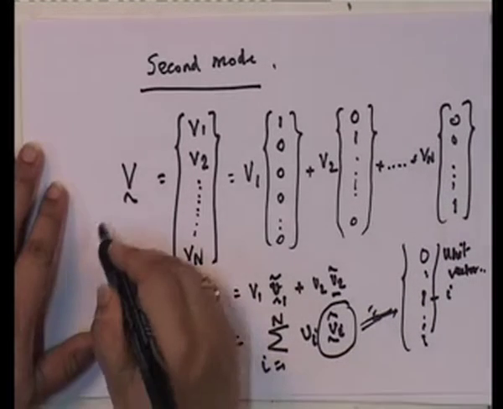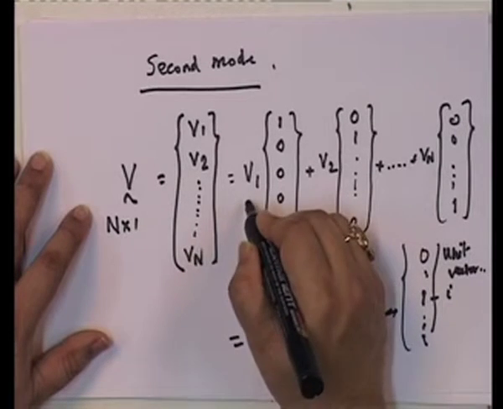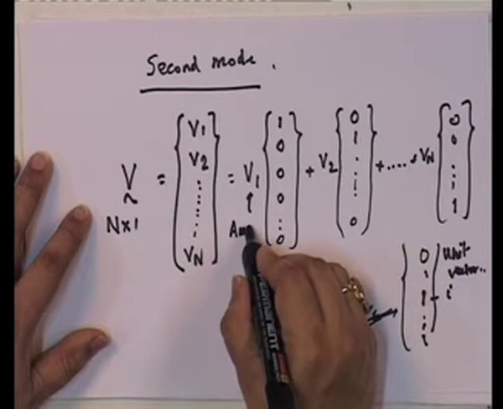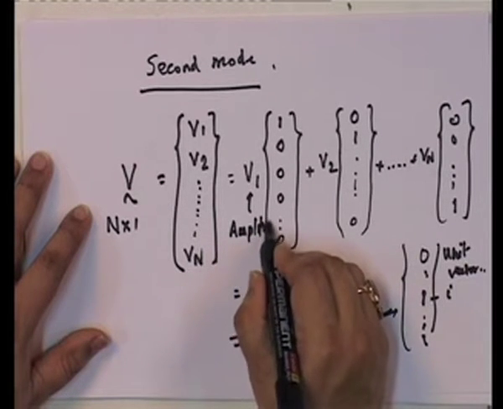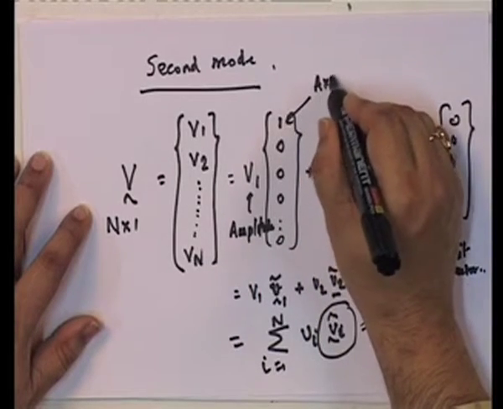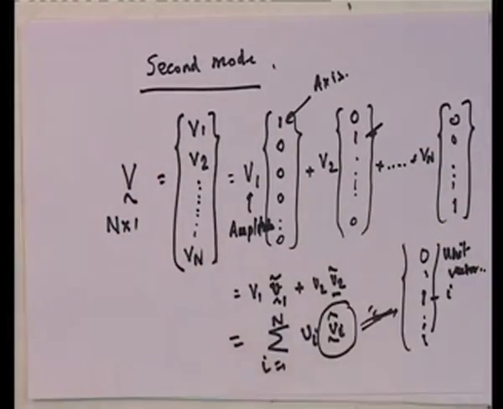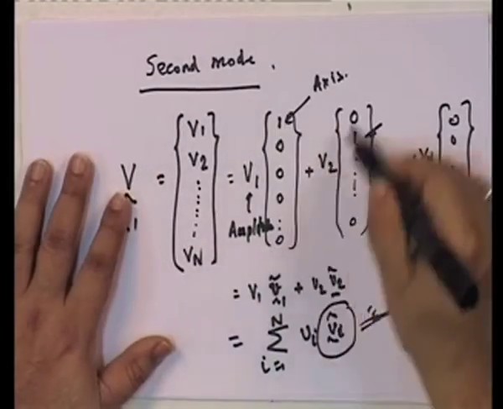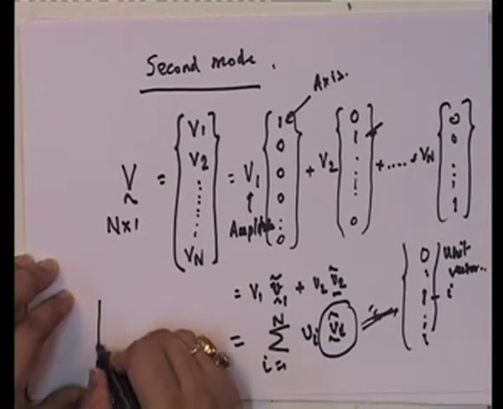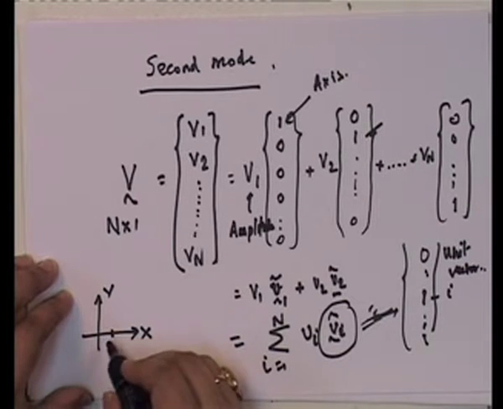So, in other words, any n by 1 vector, and what are these? These are like the amplitudes. This is like an axis, isn't it? These represent axes. So, in n dimensional space, what do these represent? These represent axes. Think about it. In 2 dimensional space, what do the axes represent?